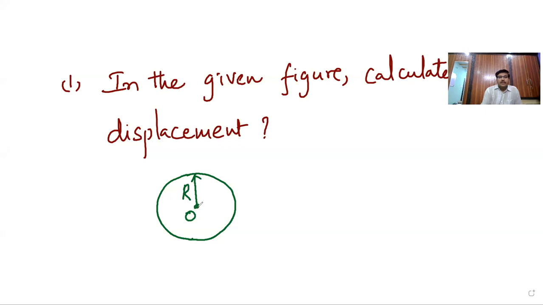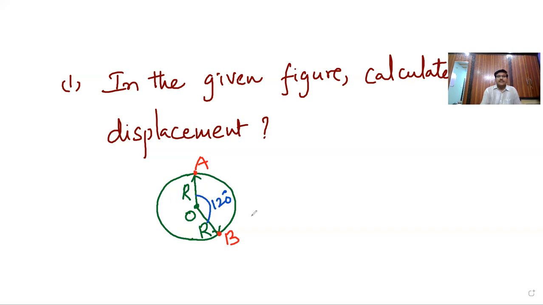And this is also a radius, R. Now, this is the point given as A, and this is the point given as B. The angle between them is given as 120 degrees.